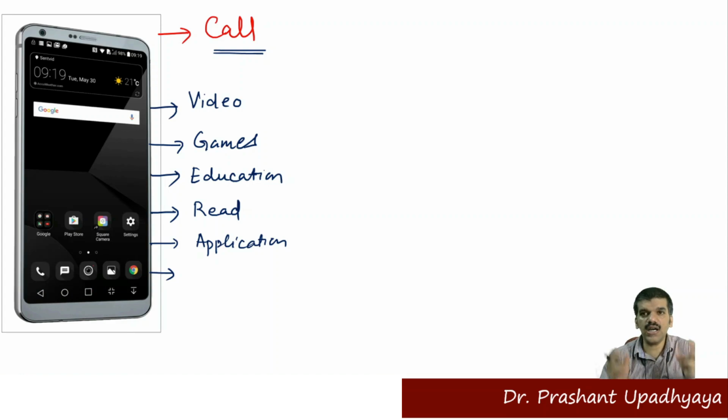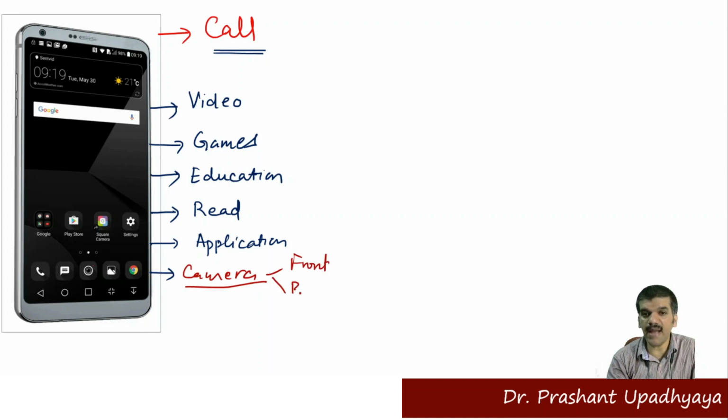Now if we talk about one of the most important features of this mobile phone, nowadays you can find that we have got very good quality cameras in the mobile phone, with both a front camera and a back camera.